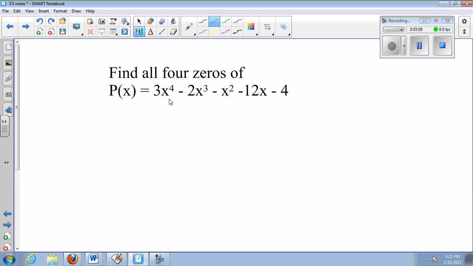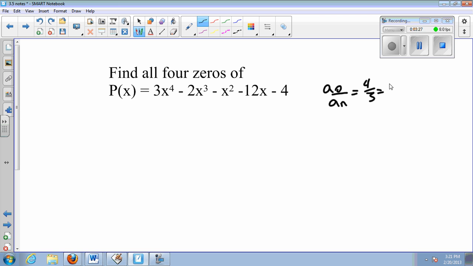We're going to find all four zeros of p of x equals 3x to the fourth minus 2x cubed minus x squared minus 12x minus 4. So our a sub 0 over a sub n is 4 over 3.